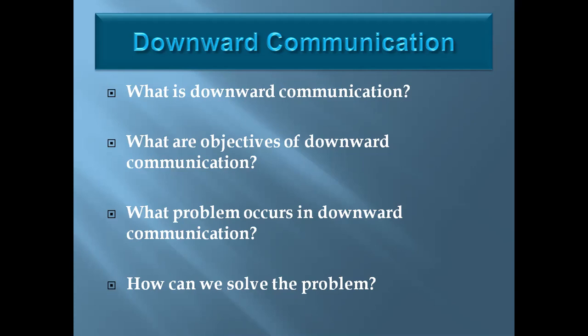Fourth one, the last one, is that downward communication must be based on mutual trust. You have to establish a sense of trust between you and your subordinates. If you don't trust your employees, your prejudice will stand in the way of true communication with them.